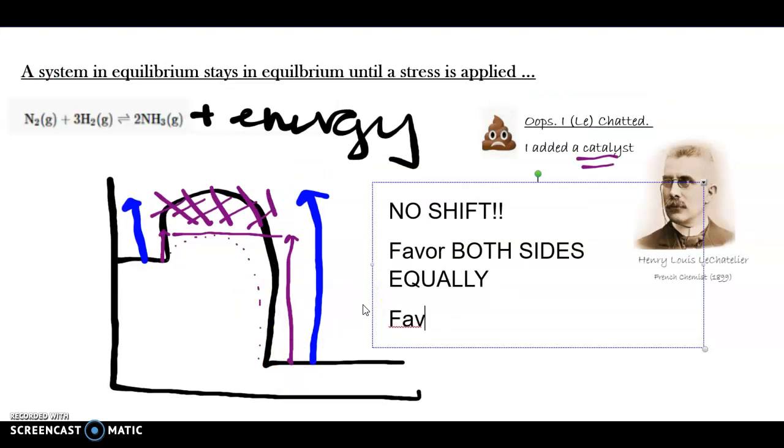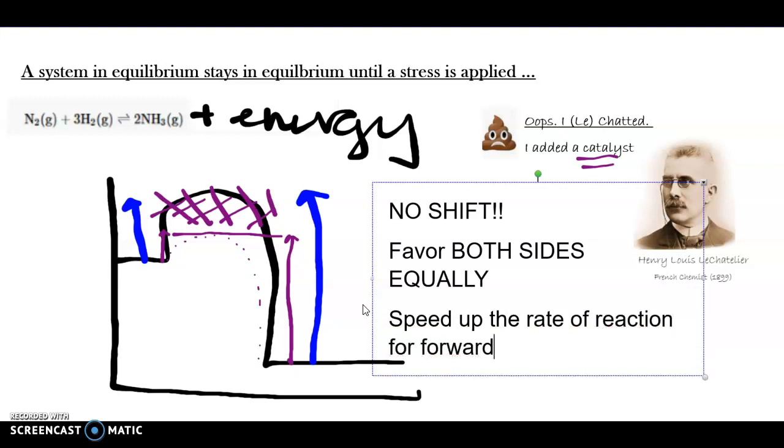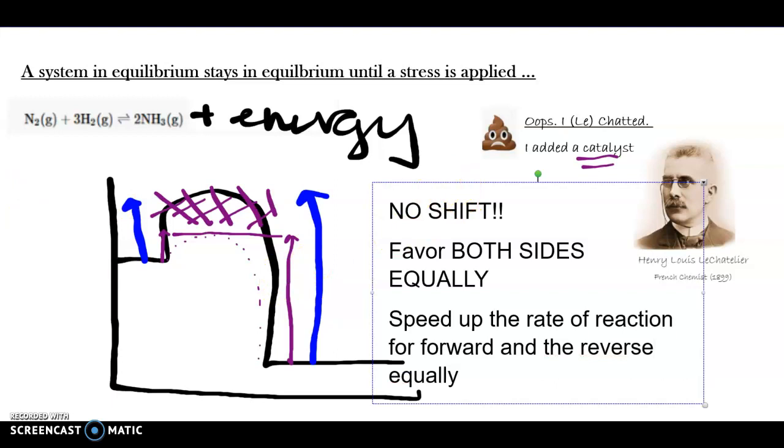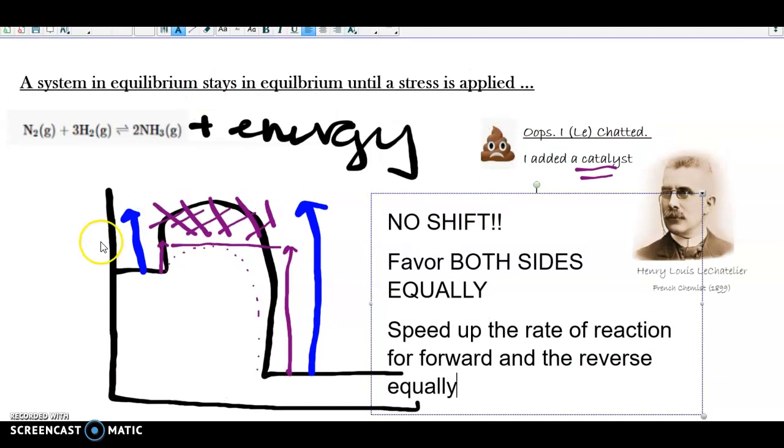So you are going to favor the forward and reverse equally, which means you are going to speed up the rate of reaction for the forward and the reverse equally. So this is the last component today of what we need to talk about with LeChatelier and equilibrium.